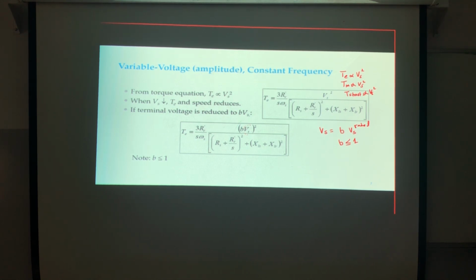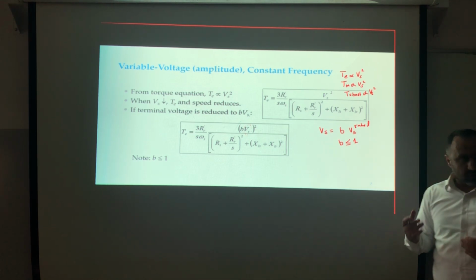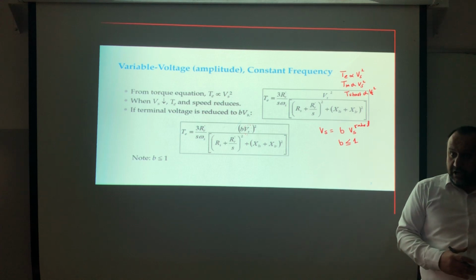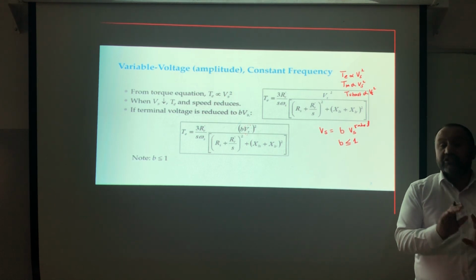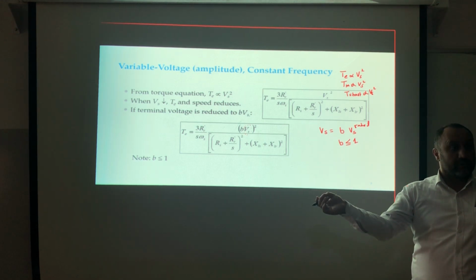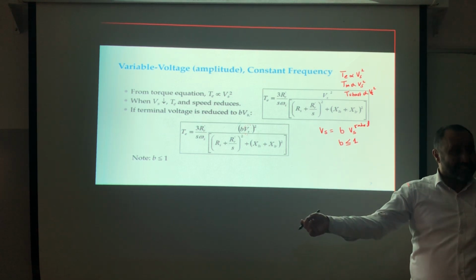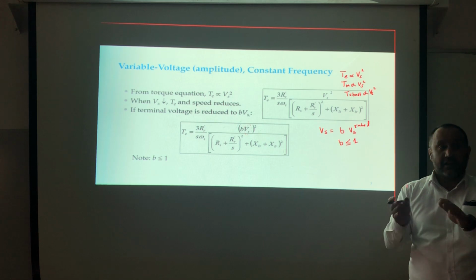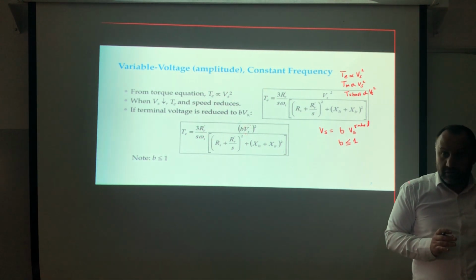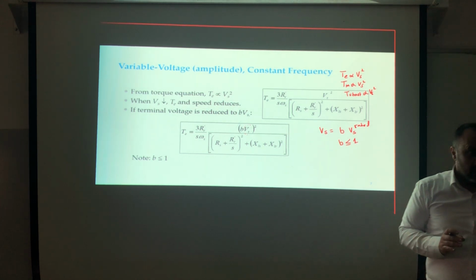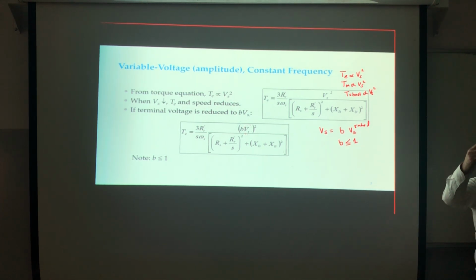Last time we said that if I'm reducing the voltage below the rated value, I'm shrinking the curve. I'm not changing the no-load operating point or the synchronous speed, because the synchronous speed is directed by the line voltage frequency, Fs, correct? So I will shrink the curve.